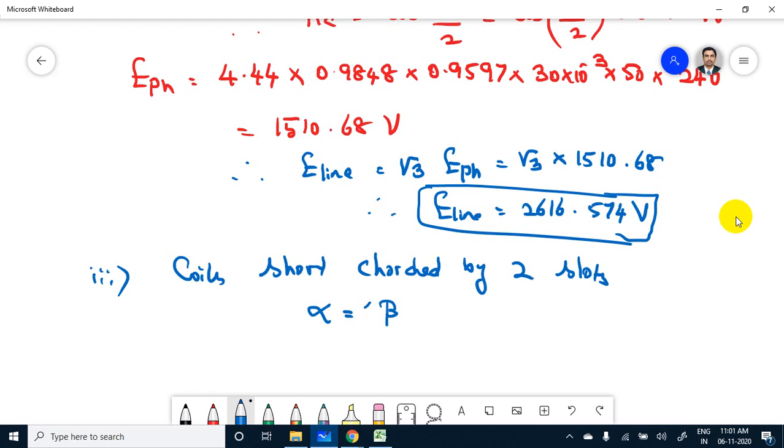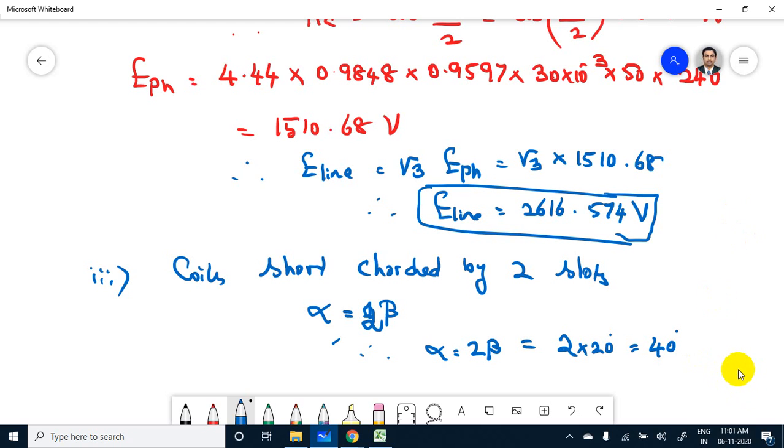Here as per your question it is two slots. Therefore alpha equal to, instead of 1 I have to put 2. Therefore alpha equal to 2 into beta. How much is your beta? 20 degree, right? 2 into 20 degree, so it is 40 degree.